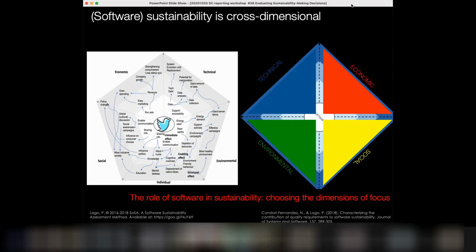Concretely, we have two methods here. On the left-hand side, we have a method called SUSAF, that is meant to explore the context of the business of an organization, and then understand what all the elements are that play a role in such a business, and position these elements in five dimensions of sustainability.